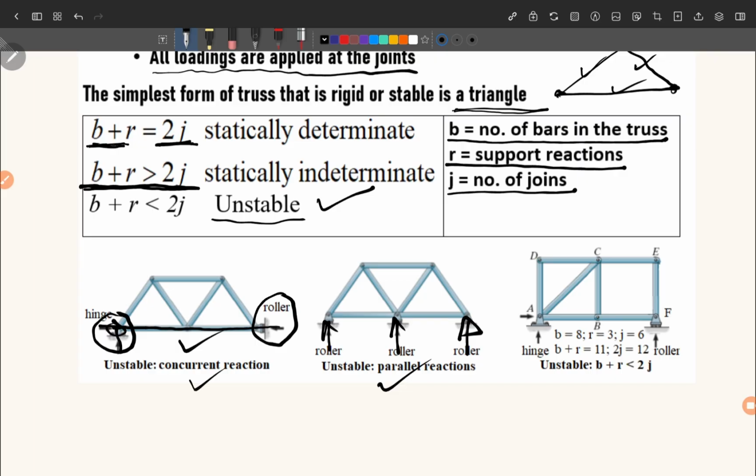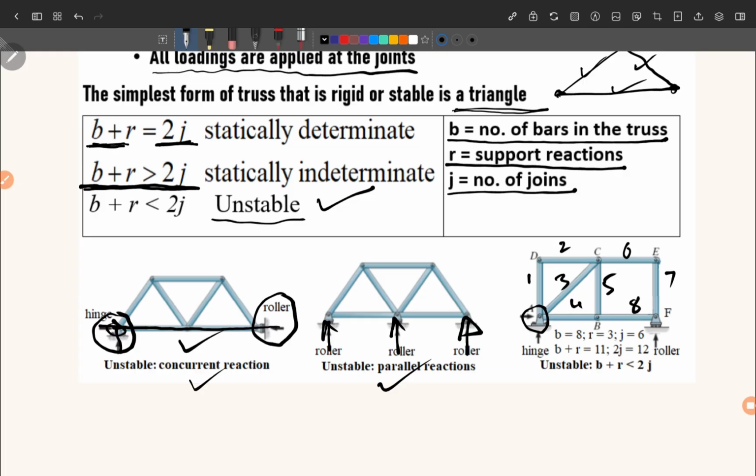Now here if we see in this case, how many reactions are possible? Here it is hinge and here it is roller, so total reactions will be equal to 3. And how many bars are there? If we count here the bars, number 1, 2, 3, 4, 5, 6, 7, 8. So 8 bars are there and reactions equal to 3.